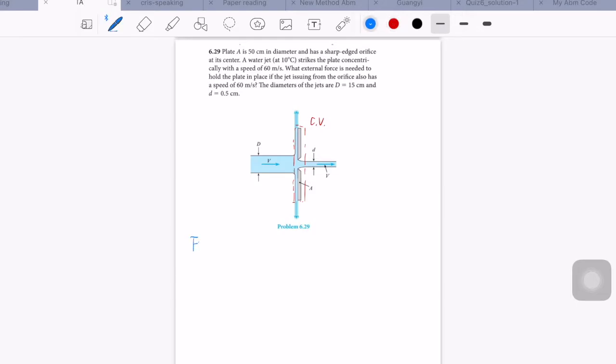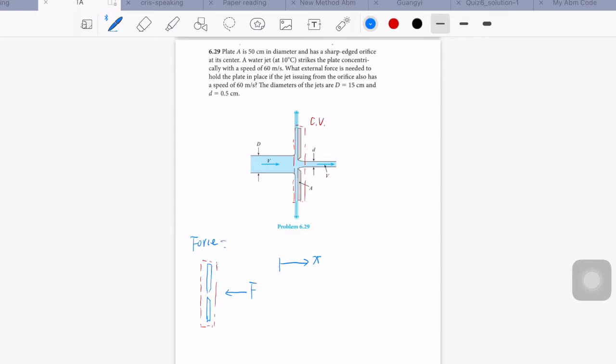So for the force diagram, CV, and we'll show the force in the x-axis to the left. This is F, and this is the x direction.